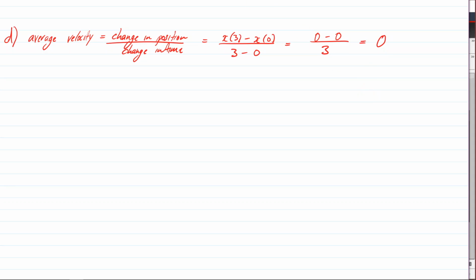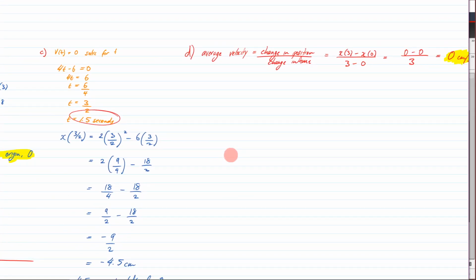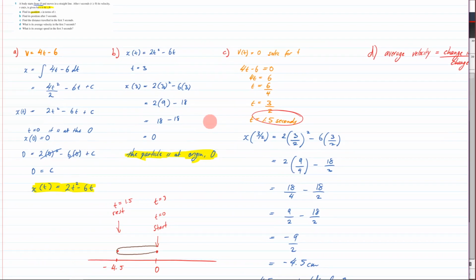Spectacular. I'm going to say 0 centimeters a second. Why? Because there was no change in position. So even though it moved, my average velocity isn't able to capture that movement in any way. The average velocity doesn't seek to do that.